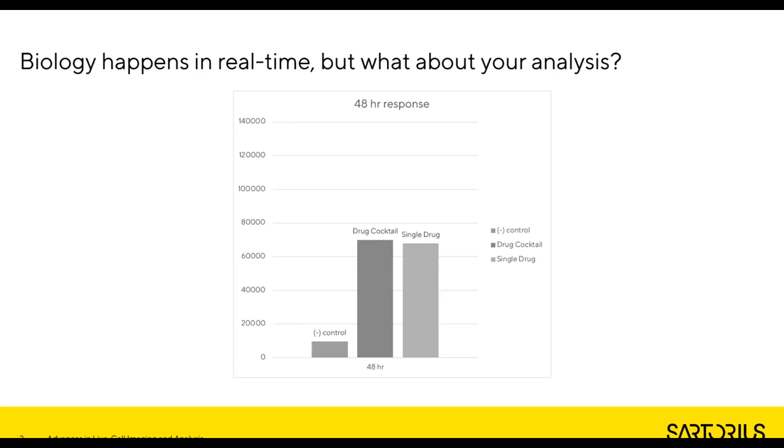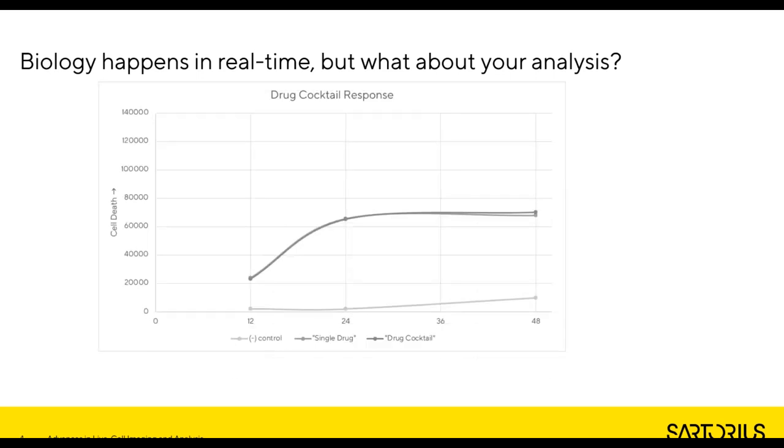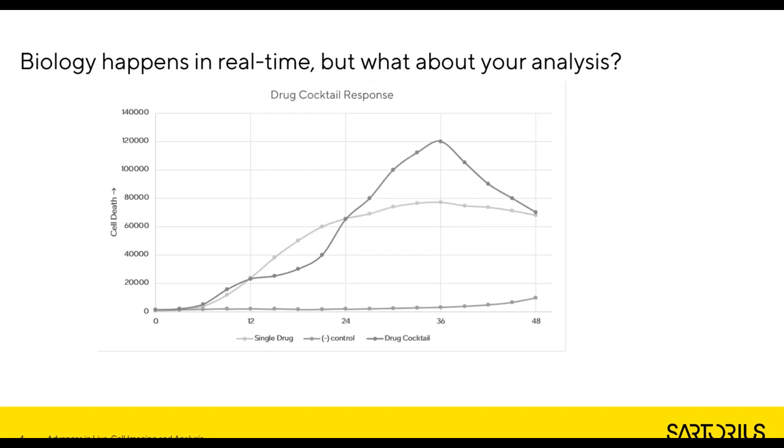If we see a reading like this, we would assume naturally that this drug plateaus off and that the drug cocktail has no apparent effect above and beyond what the single drug was displaying for us. But what we might be missing is all of that information for those time points in between.